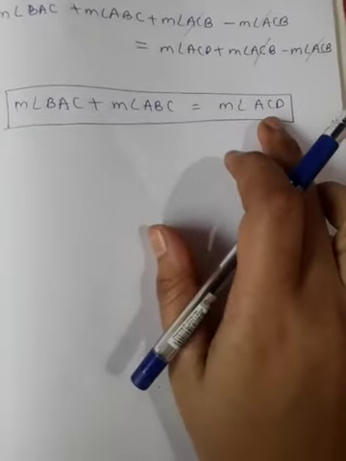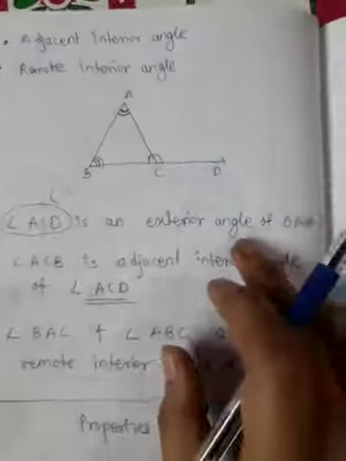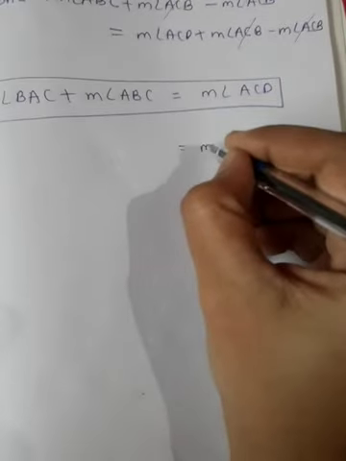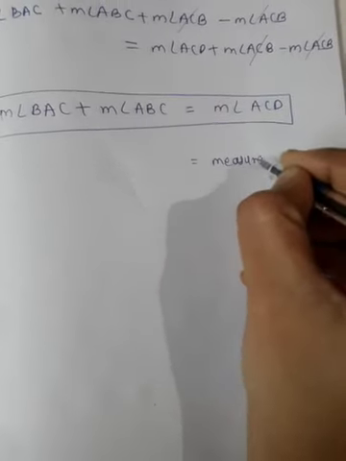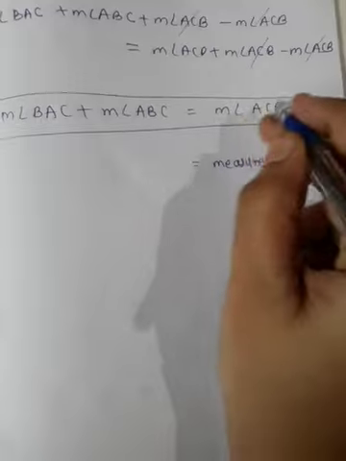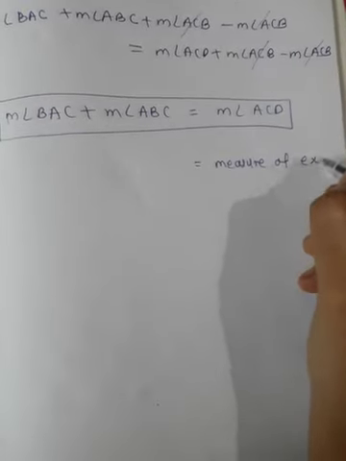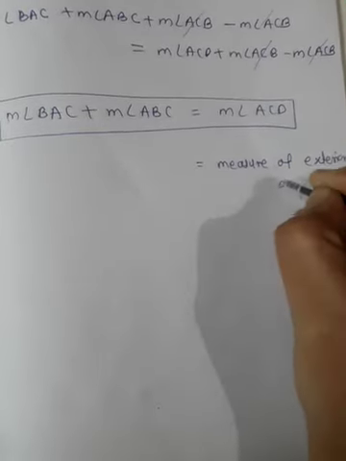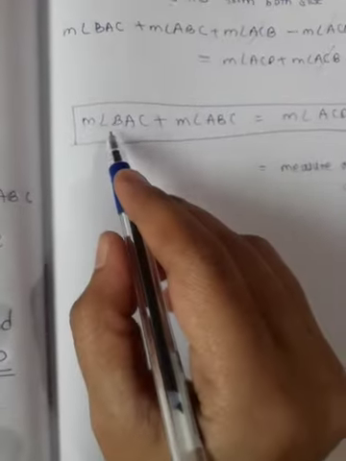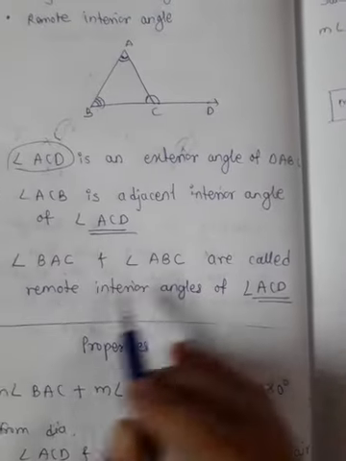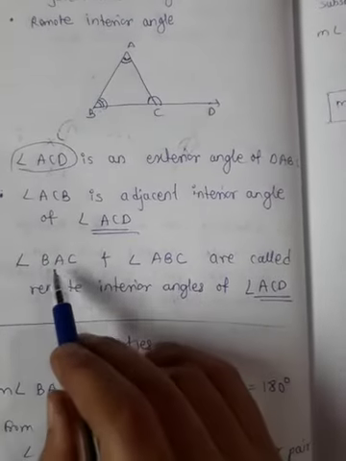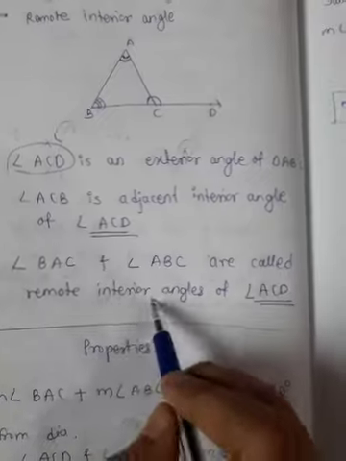See here, ACD is an exterior angle, so the measure of angle ACD means the measure of the exterior angle. Now BAC and ABC are remote interior angles.